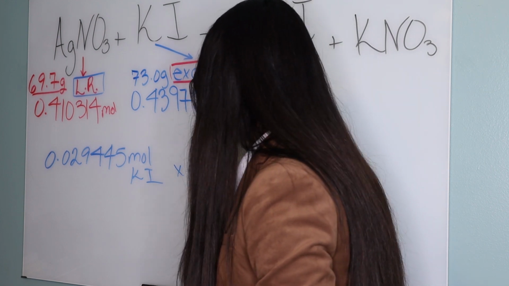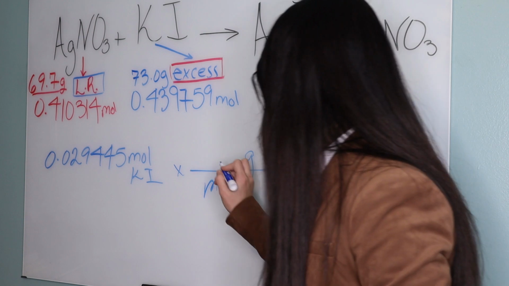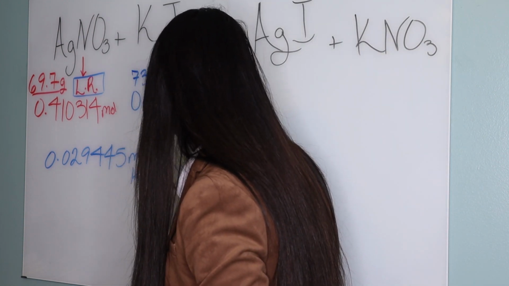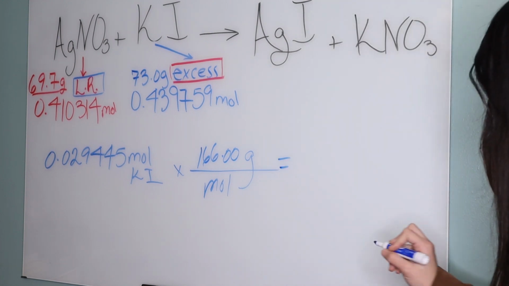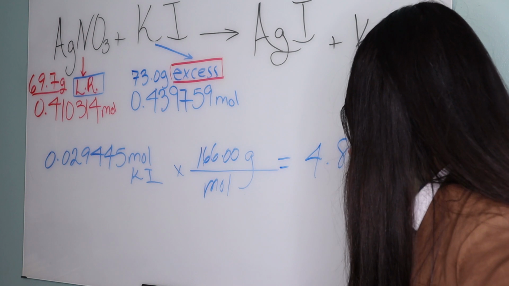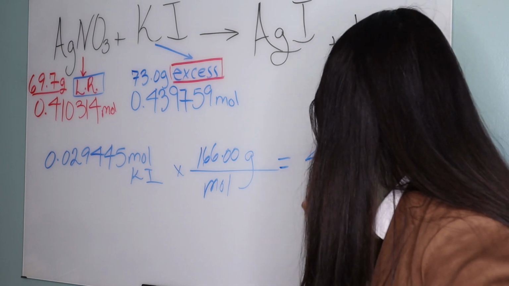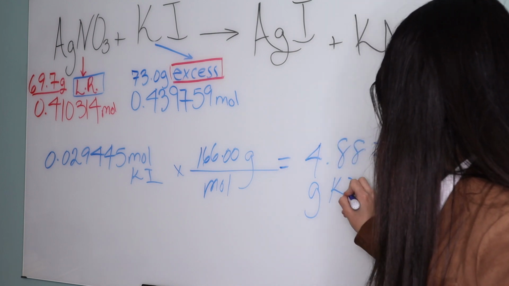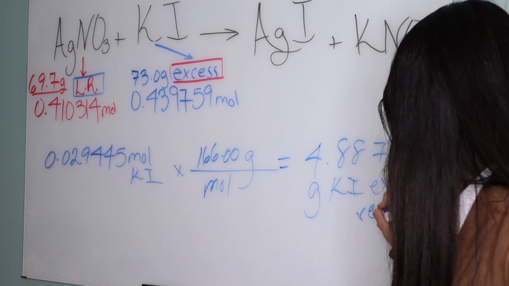I want to get rid of moles, that's going to be going at the bottom. And then over here, you're just going to write 166.00. You're going to plug this into your calculator, and the answer is going to be 4.88787 grams of potassium iodide excess reactant.